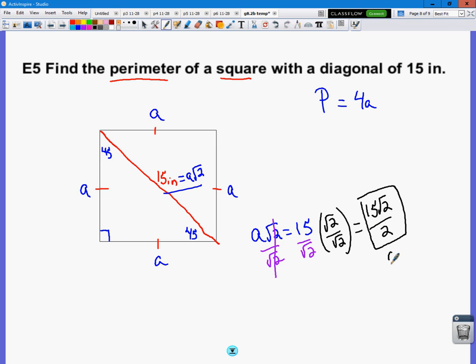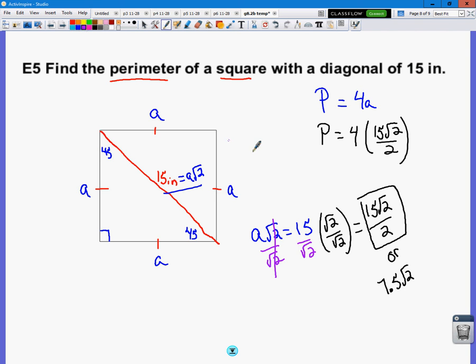If they didn't ask me to do more with it, I could take 2 and divide it into 15, which would be 7.5 square roots of 2. But since I had to do more with it, my perimeter is equal to 4 times 15 square roots of 2 over 2.